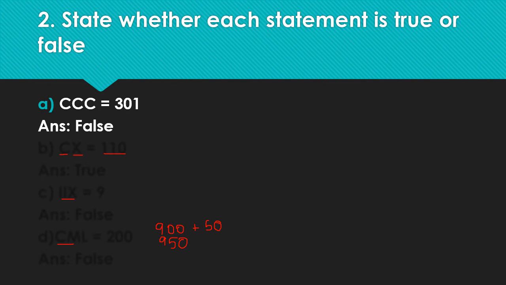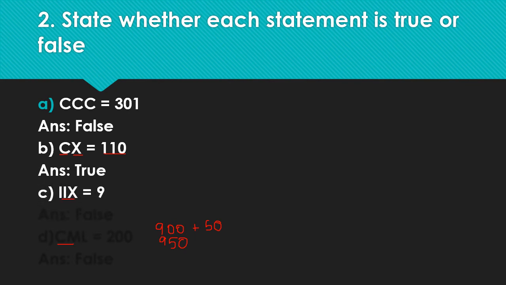Then if you have 3 C, then 3 times 100 is 300. So it is false. CX equal to 110. So we will check CX equal to 110 or not. So here C is 100, X is 10. So 100 plus 10 you will get 110. So answer is true.